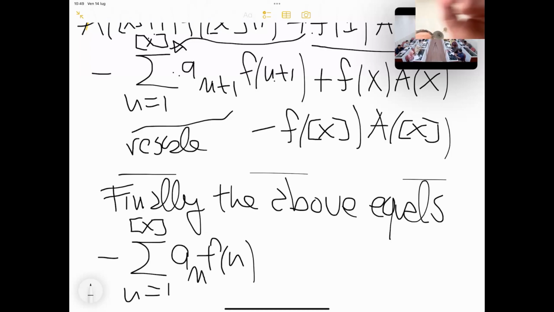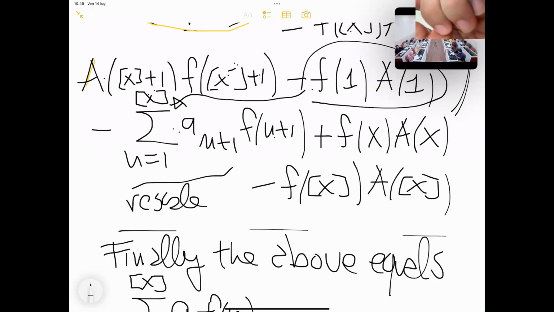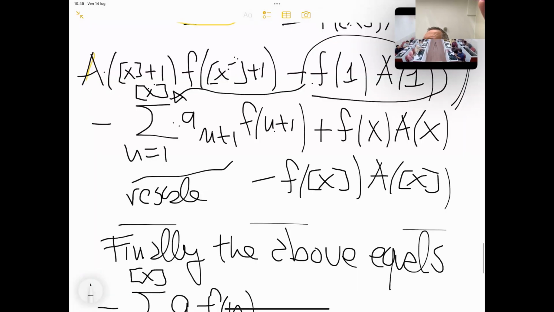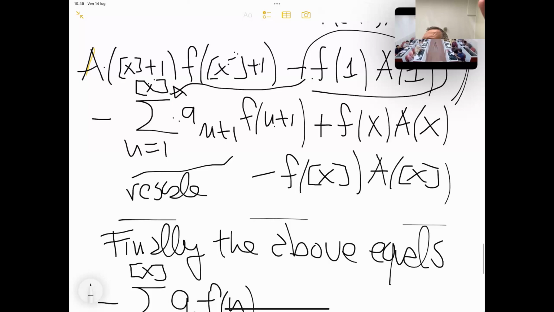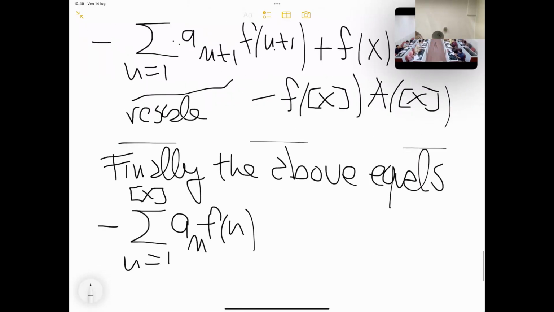And so, when I do this, I have removed the last term through this and added the first term through this, right? So I have this, and then I'm left with the plus f of x times a of x.